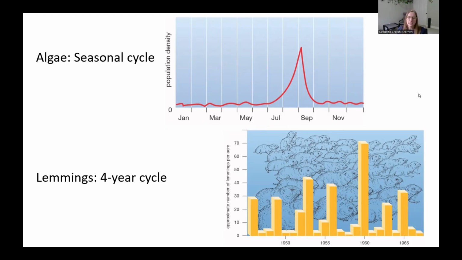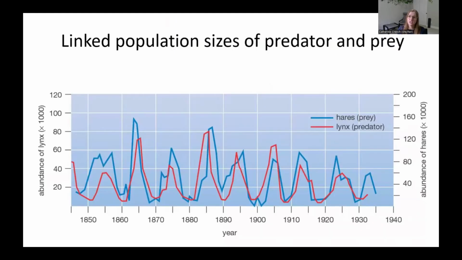We can also see really interesting cyclical patterns in population size change with predator and prey interactions. So here I have a hare, which is like a rabbit, that's the blue line, and a lynx, which is a wild cat, that is the red line. You can see that when the population of the hare increases, we get a lot more food source for the predator, and so the population of the lynx increases.